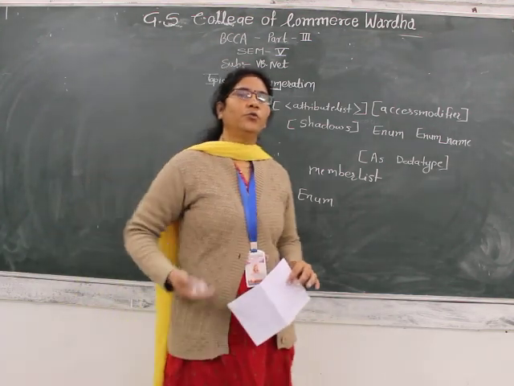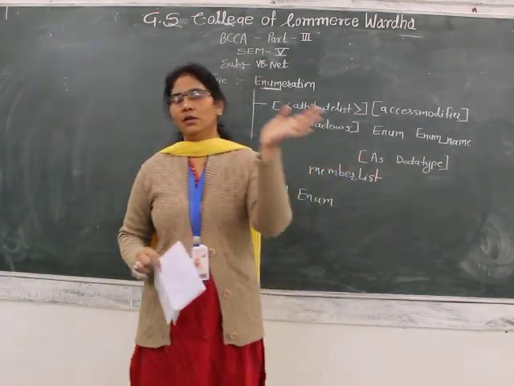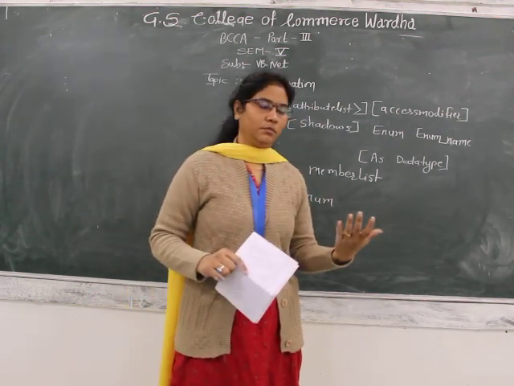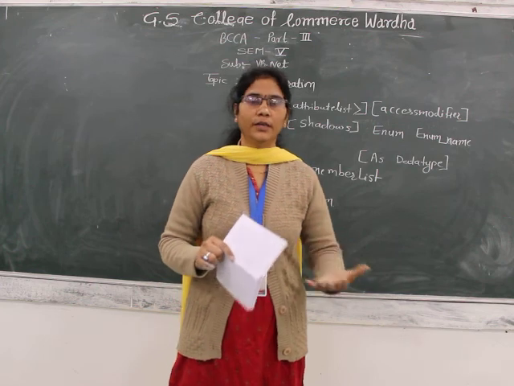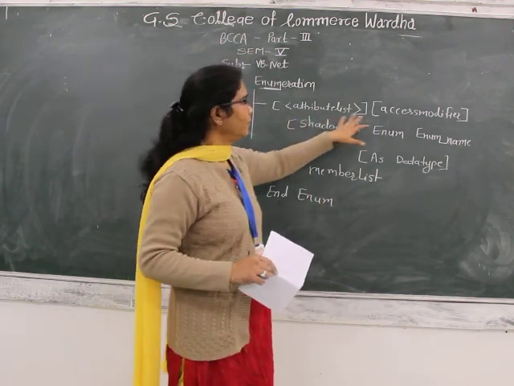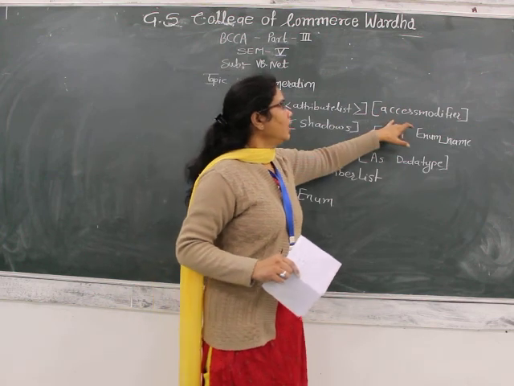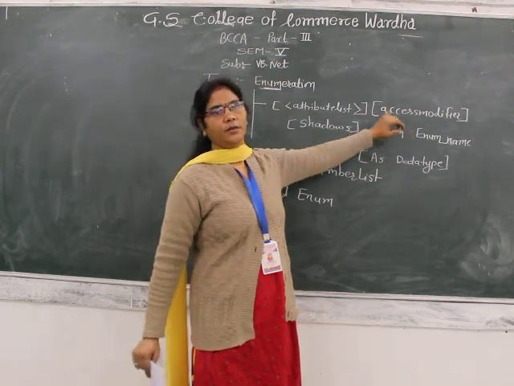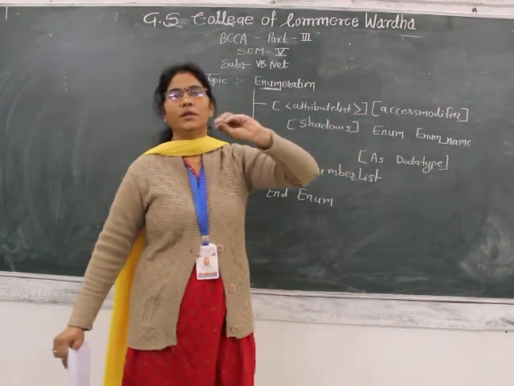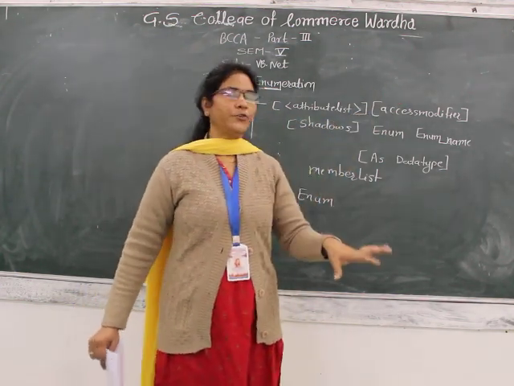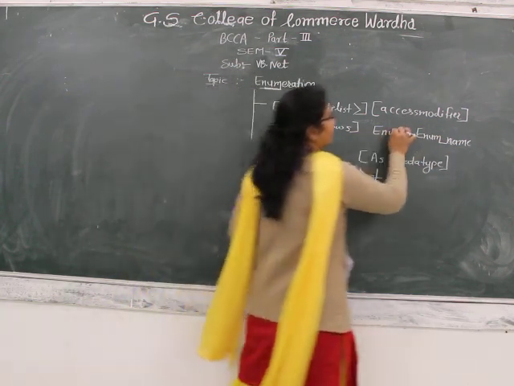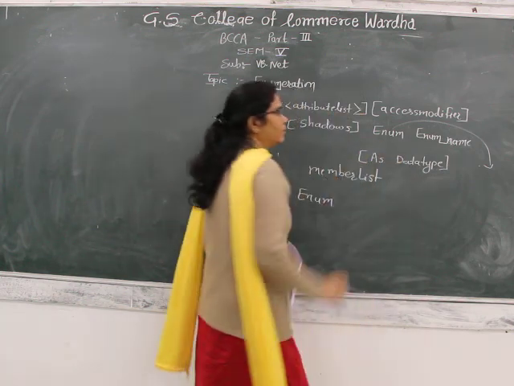When we want to use the enumeration in other languages, another module, or another project, only then do we use the attribute list and shadows. The access modifier means we give private or public access for that enumeration.